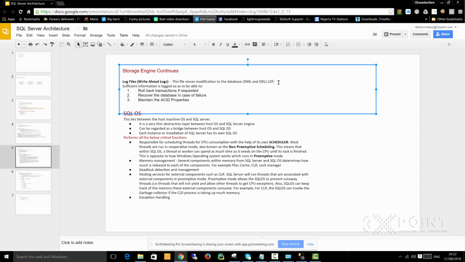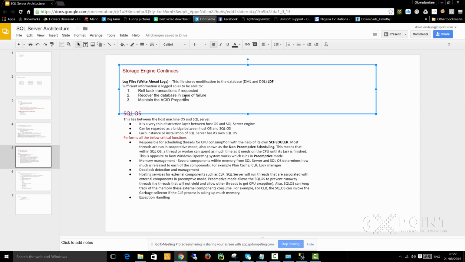So it's just like the MDF file, but in this case there's another file. So when you create the database, two files get created, the MDF and the LDF. The LDF is the log file, and you can think about it as the online redo log that we have in Oracle.